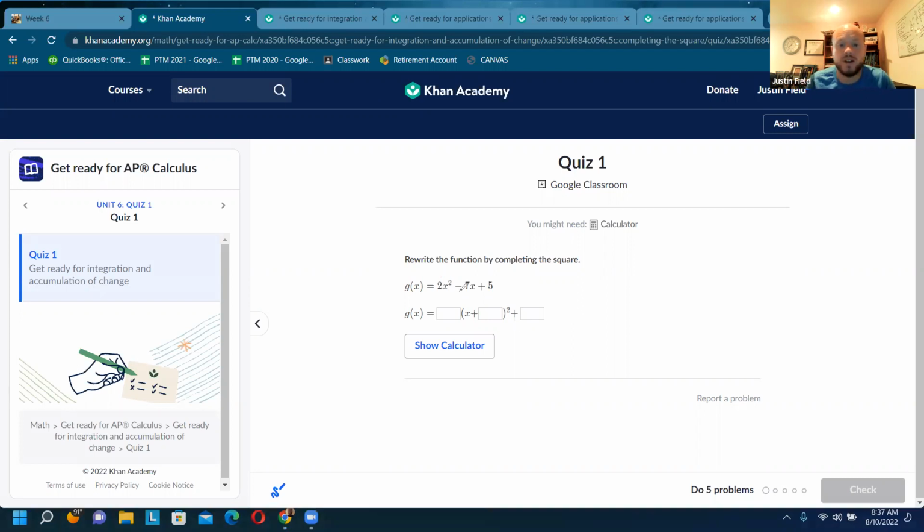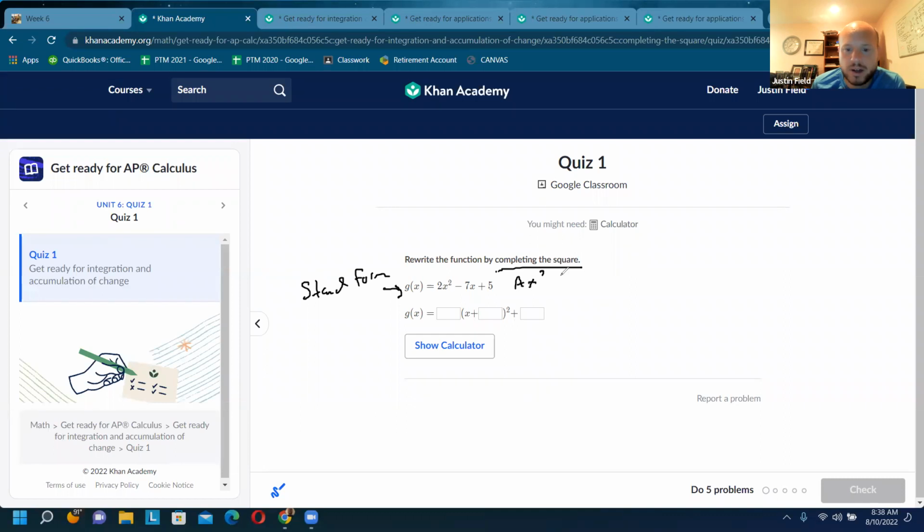So this one right here says by completing the square. I could complete the square, but there's another strategy and I'm going to use it. We're going to recognize that this is in standard form. Did you recognize that?